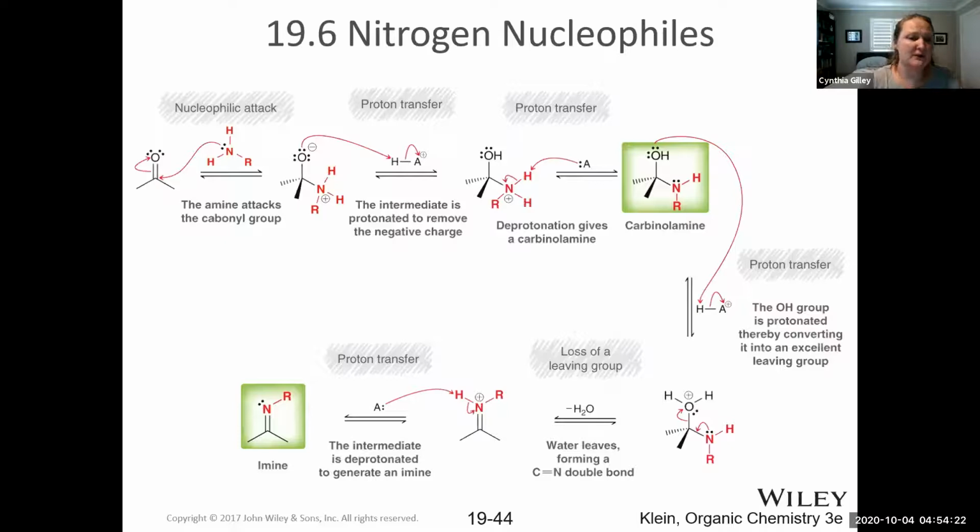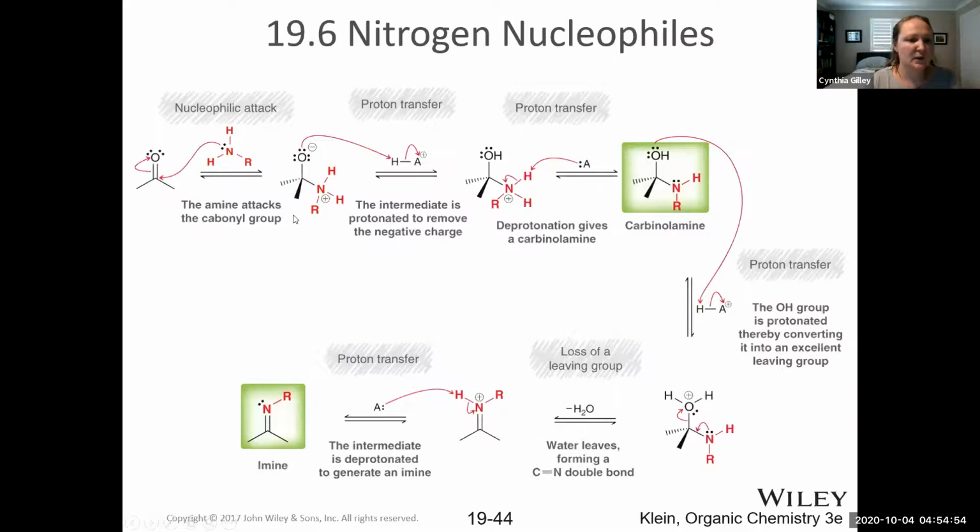This sort of intermediate with a negatively charged oxygen should not be formed with oxygen nucleophiles, but can be formed with nitrogen-based nucleophiles. This is a high energy intermediate because of this negatively charged oxygen and the positively charged nitrogen. Two charges within the molecule, not next to each other, stabilizing each other. This is a very high energy intermediate, and it will be immediately protonated by the acid in solution.